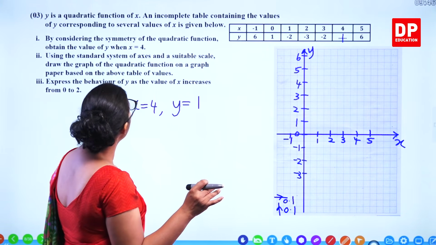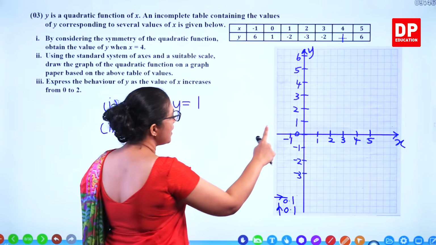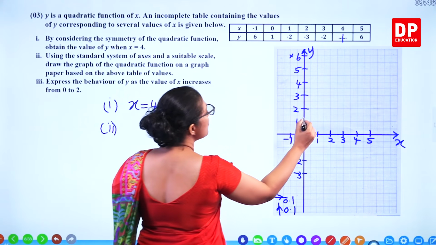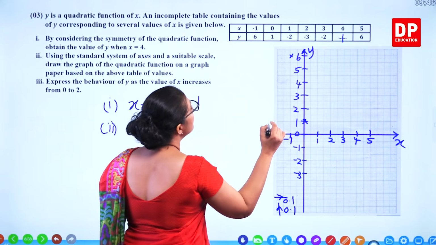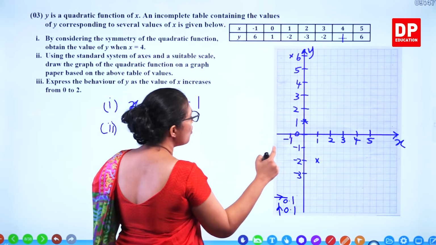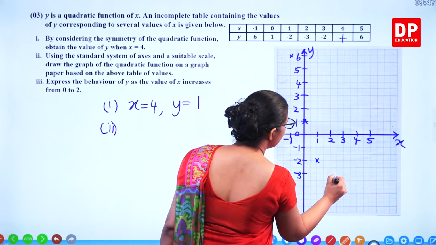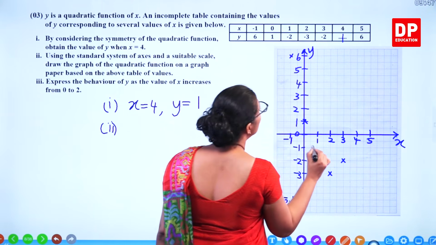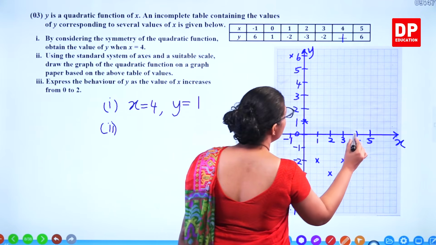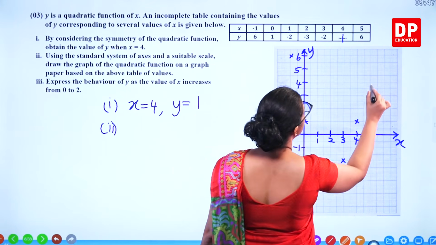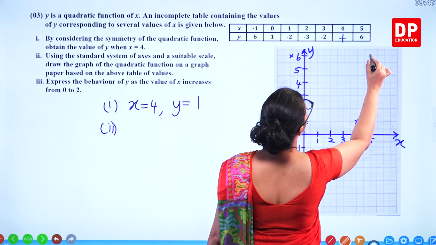And then you can mark the points: -1, 6; 0, 1; 1, -2; 2, -3; 3, -2; 4, 1; 5, 6.